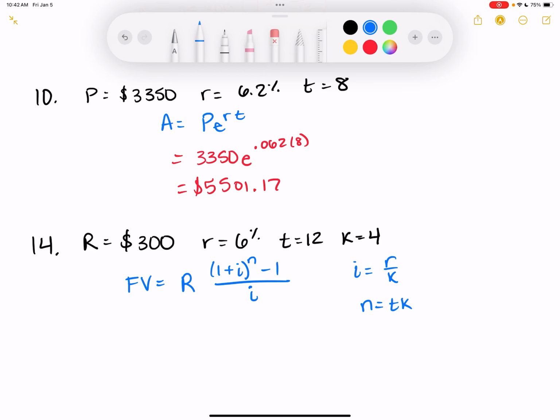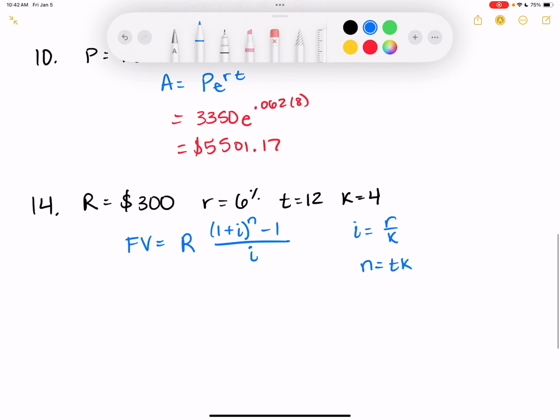Okay. Works for me. Okay, so future value is equal to 300 times. Now, I would probably put that on top when you put it in your calculator, because otherwise it could get lost in the shuffle with how things actually work. But it's also got to be 300 times all of this stuff on top.